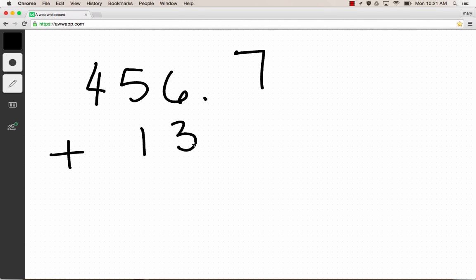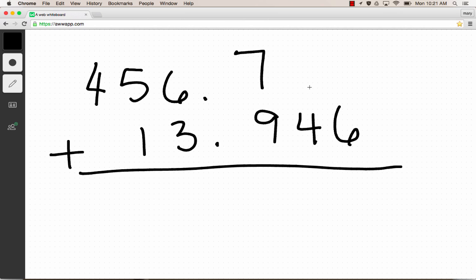All right, our first problem was 456 and 7 tenths plus 13.946. All right, notice up here, I'm going to go ahead and annex 2 zeros. So now I have 3 digits behind each one.